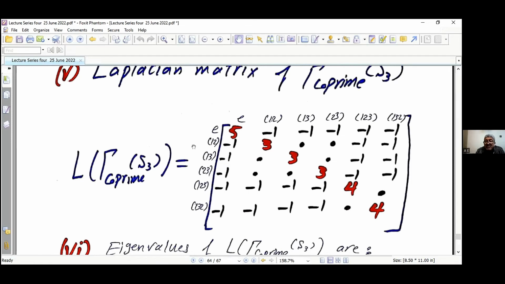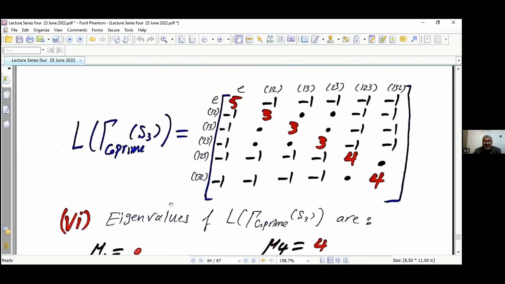Since they are adjacent, we put -1. But (1 2) and (1 3), we don't have an edge, so we put 0. (1 2) and (2 3), again 0. (1 2) and (1 2 3), we have an edge, so it's -1. And (1 2) and (1 3 2) is again -1, because we have an edge. So this is the Laplacian matrix for the coprime graph of S3.